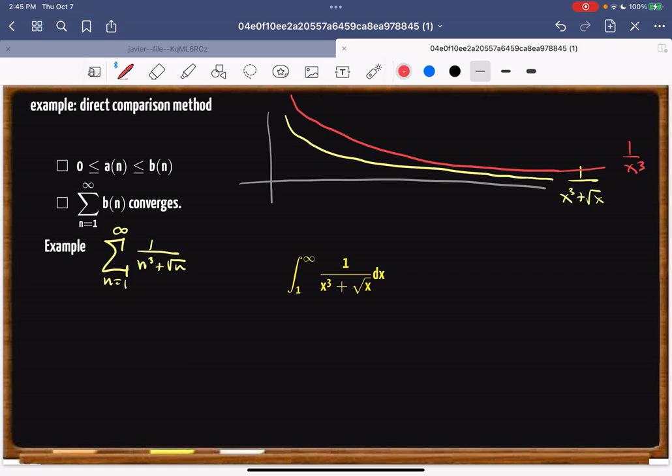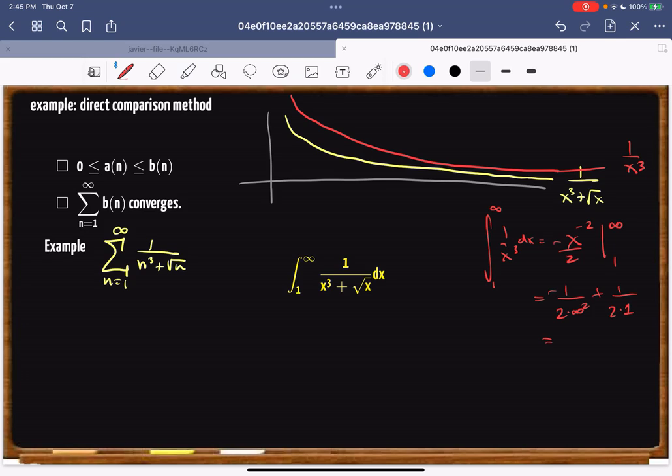Now here's the deal. If I was to integrate 1 over x to the third as x runs from 1 to infinity, this would give me x to the negative 3, that would be negative 2 over 2, going from infinity to 1. That would give me 1 over 2 times infinity squared minus 1 over... actually, it should be negative 1 over 2 times 1.